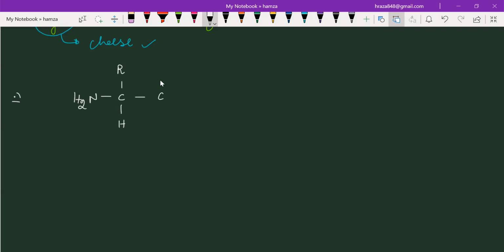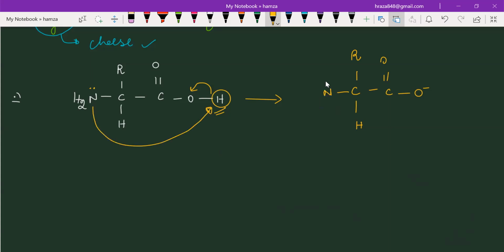And as we know, hydrogen is much less electronegative than oxygen, so oxygen will take the electron from this hydrogen and it will be like this, O minus and then C double bond O, then C, then here it was H and R. Now see, nitrogen has a lone pair, and since hydrogen's electron is taken by oxygen, it will be in need of it, so it will attack here and there will be another bond that is NH3.